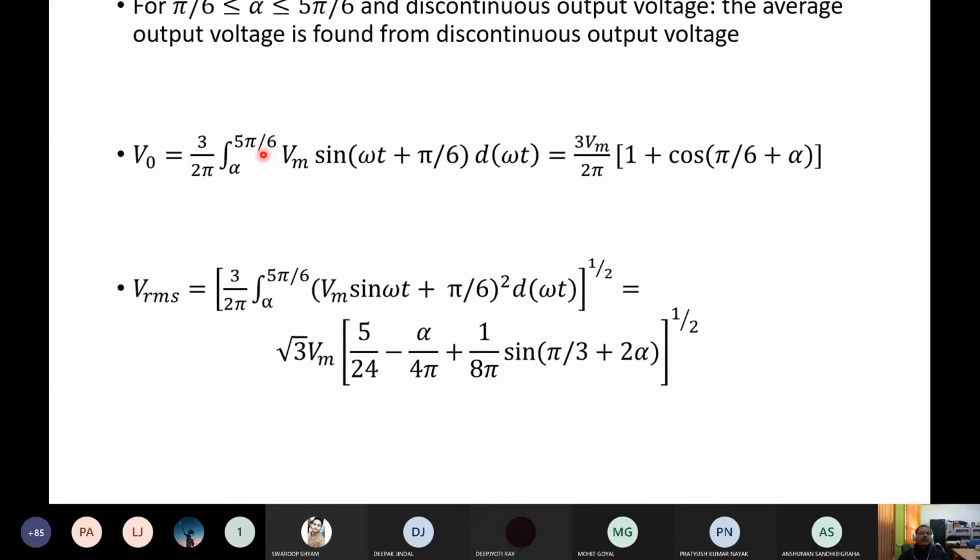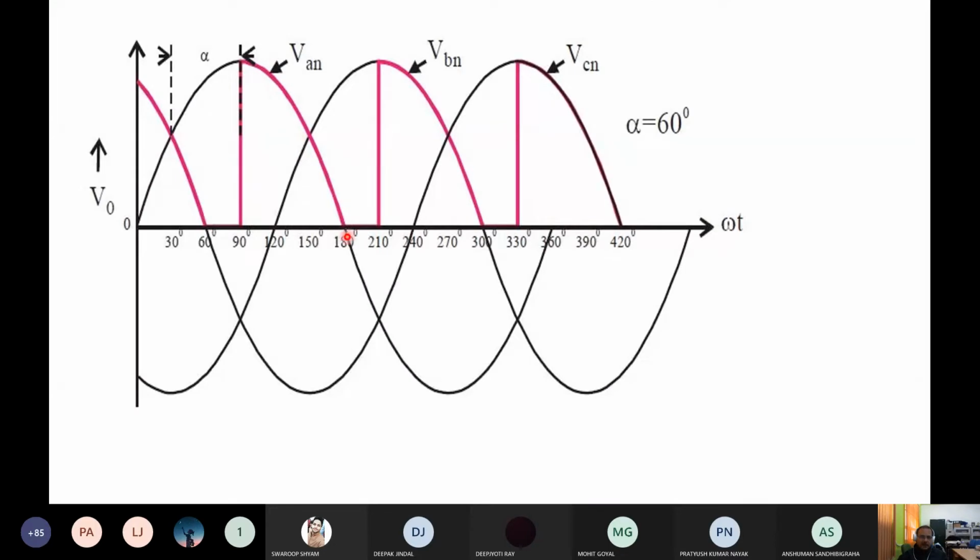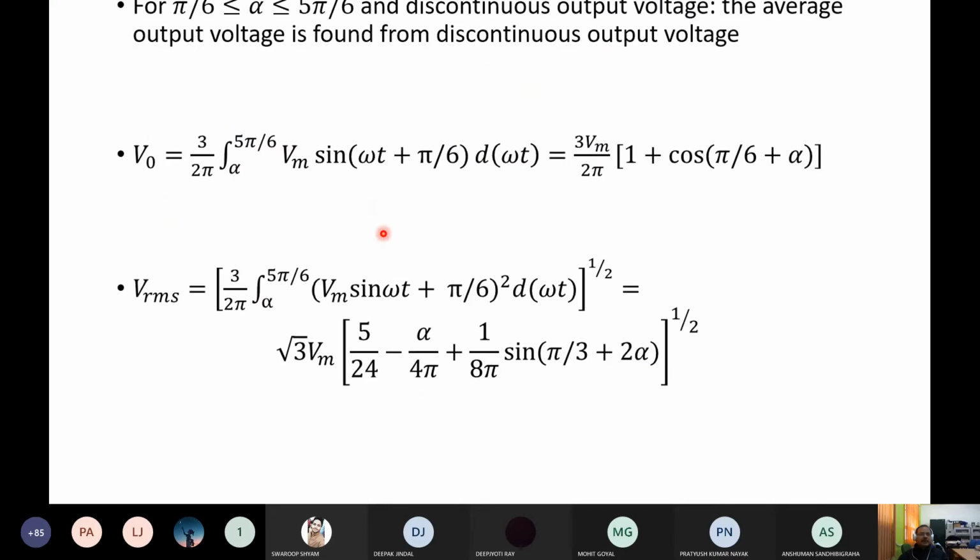This will be 5 pi by 6 plus alpha, 150 plus alpha. Okay. If it is RL load, there may be a negative voltage. Right. Negative voltage. So the limit will change from alpha to 150 plus alpha. Okay.